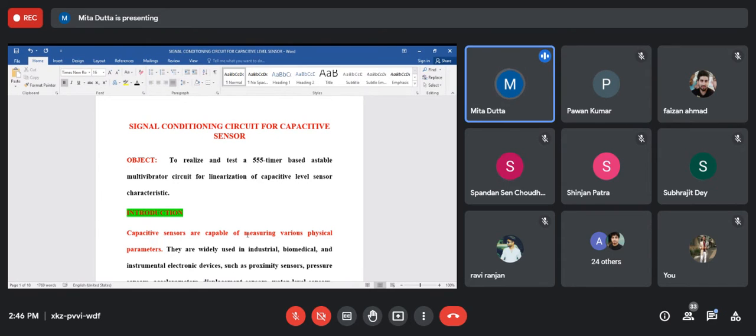Of course, we will see that later on. And then the capacitance is proportional to the change in the level of a fluid. It may be water, it may be a conducting fluid.